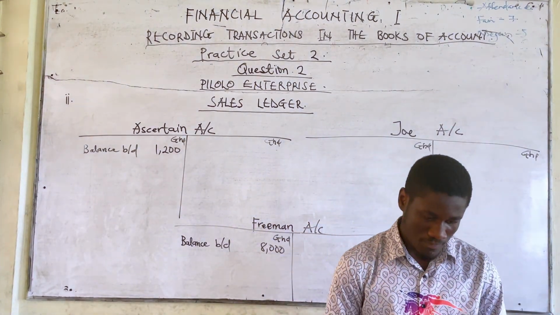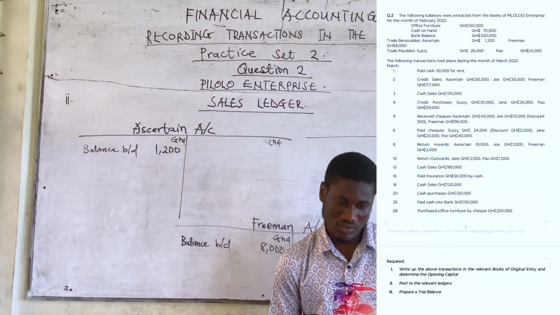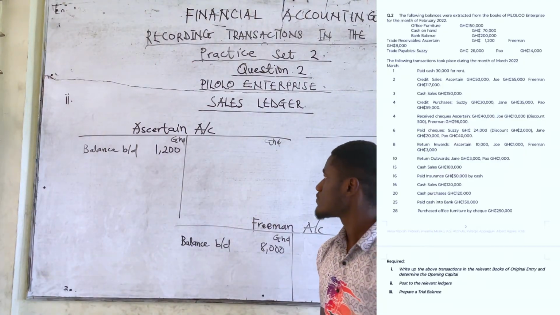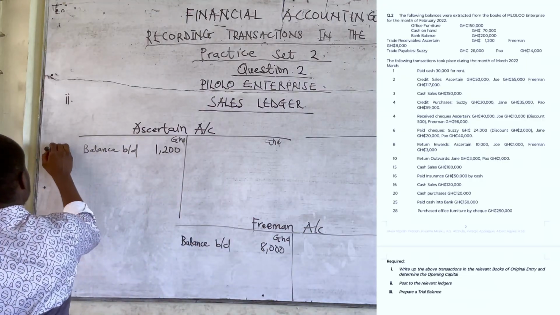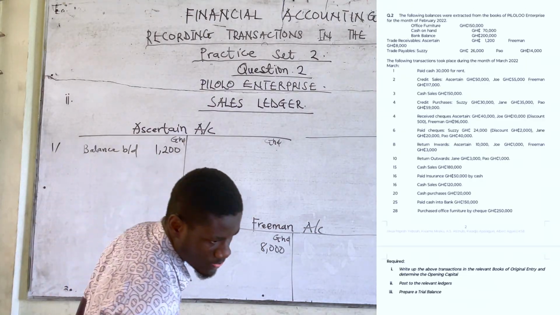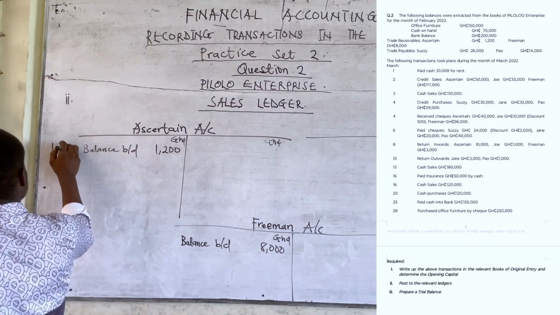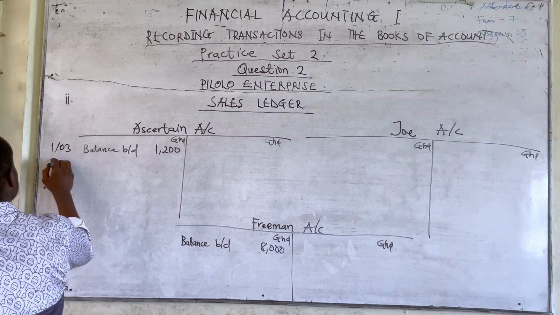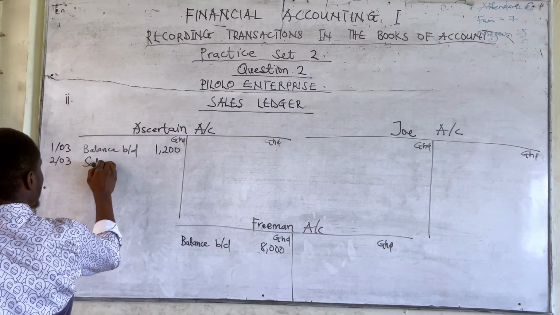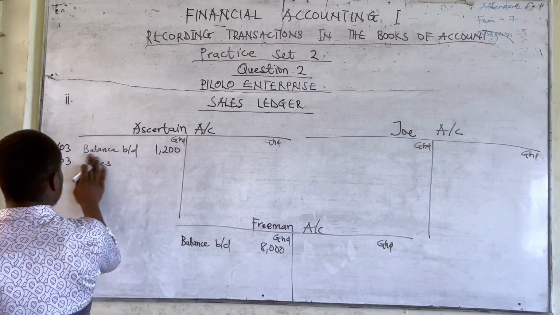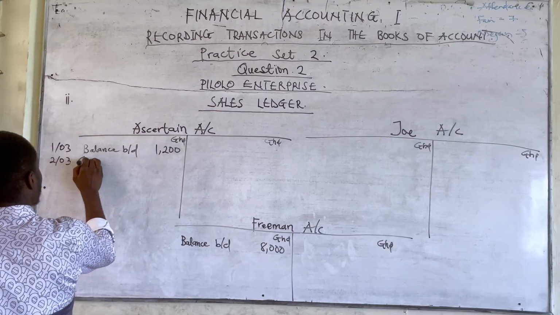So we move on to March 2nd. Credit sales. Good. So when we come here, first is March 2nd, sales, or credit sales.